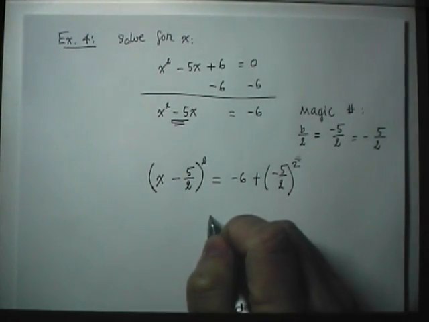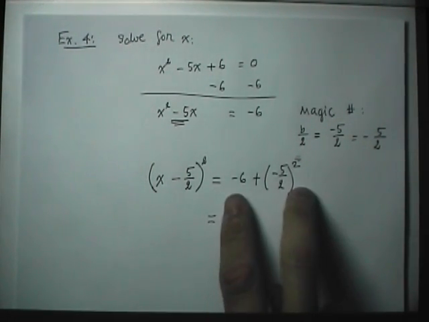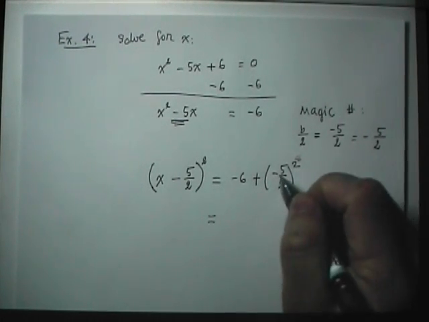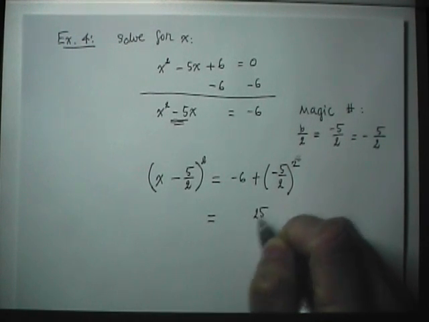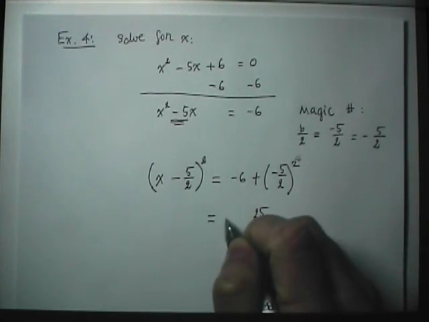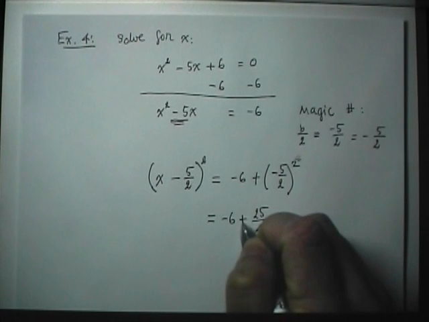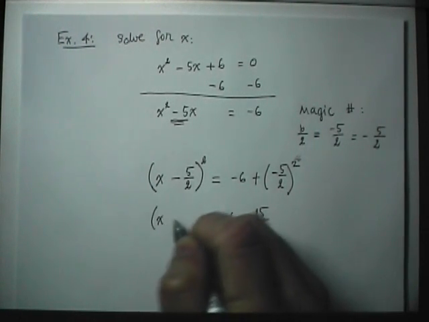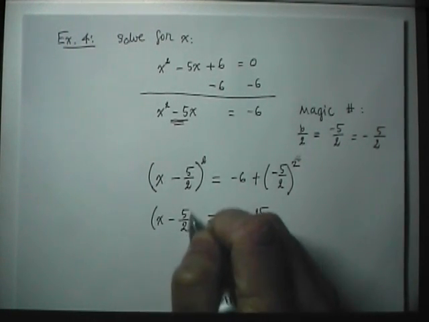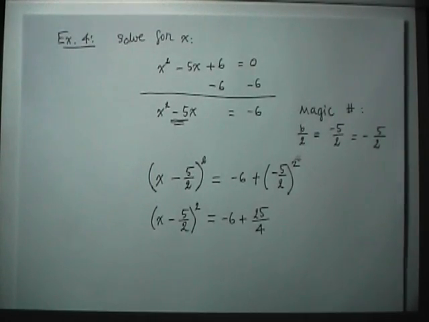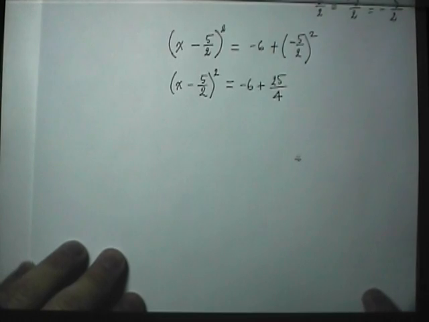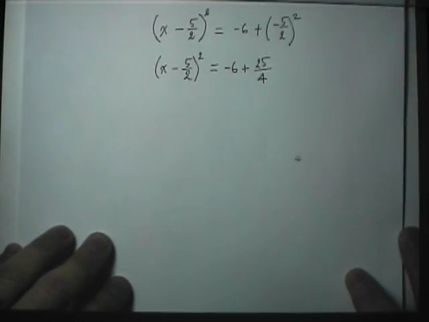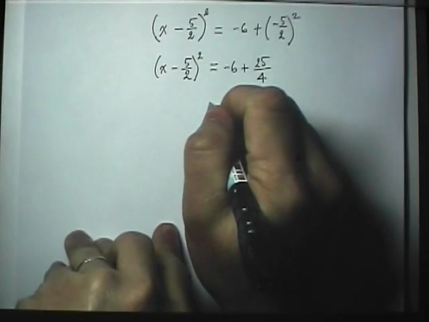Now, cleaning up the right hand side, negative 5 over 2 all squared is 25 over 4, and here we are adding it to minus 6. The left hand side, for now, remains the same. At this point, you are required to know some basic operations with fractions.